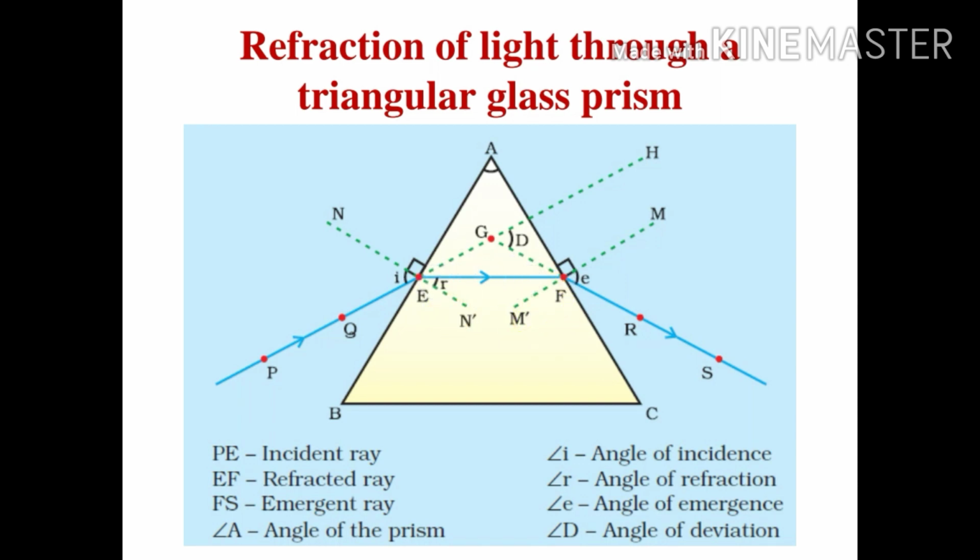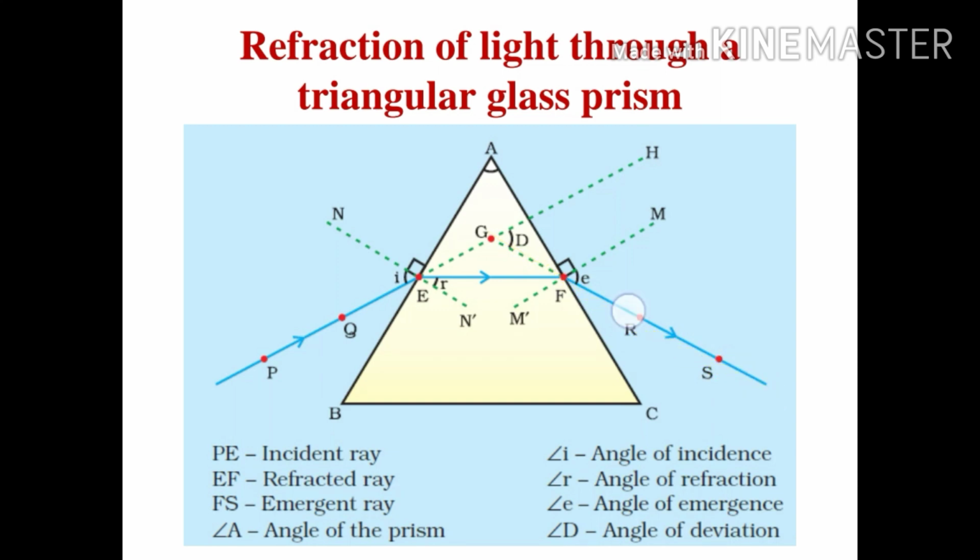In some books you can find this notation: here is r1, here is r2. Both are refraction angles. Now the important thing we notice is that the incident ray would have gone in this direction, but it has not gone in this direction, it has gone in this direction.